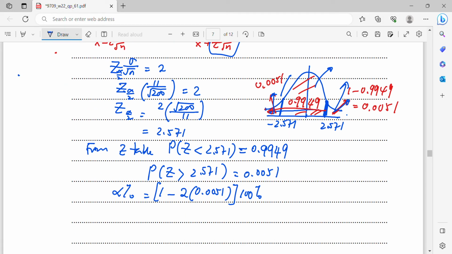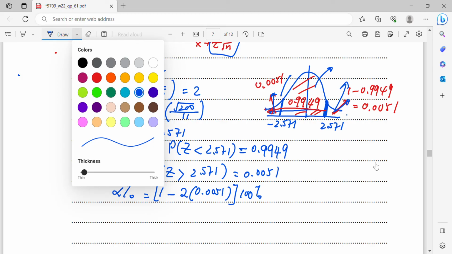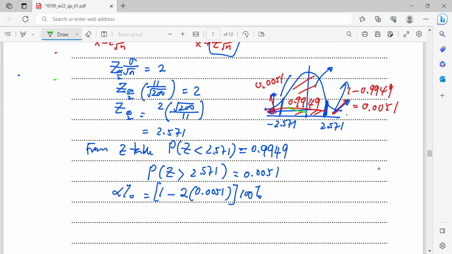Or probably you can just say it is 0.9949, right? Another option is, we know that the total, this plus the left-hand side, is 0.9949. So if I want to find the middle, it will be just 0.9949 minus 0.0051. Then you will get the answer. Okay, I think that is better.